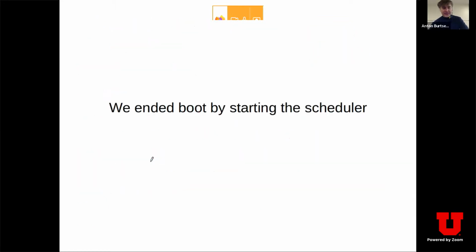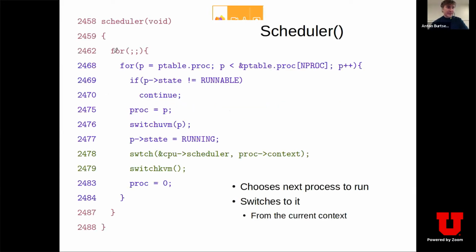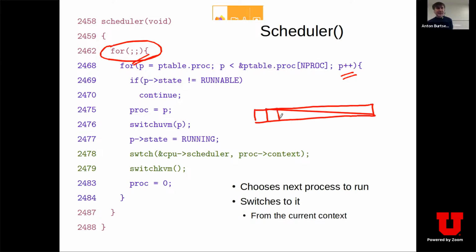And the scheduler is this infinite loop, which essentially says, okay, I will run infinitely here, right? So this is one way to write an infinite loop in C. The for loop doesn't have an exit condition. And essentially, it will be incrementing the value of the pointer which runs through this process table. Essentially, xv6 maintains all the processes as an array.